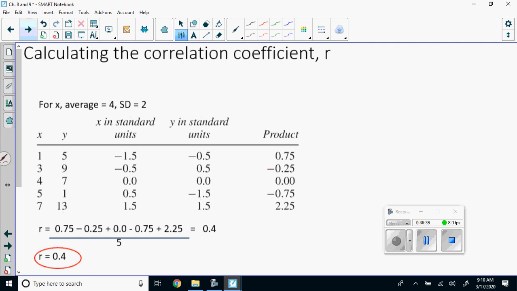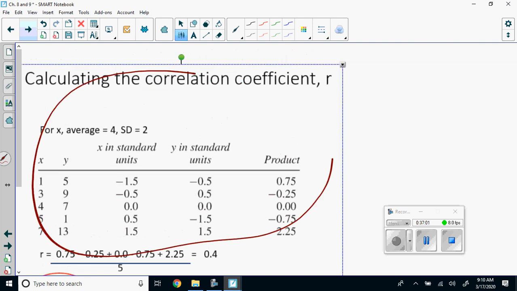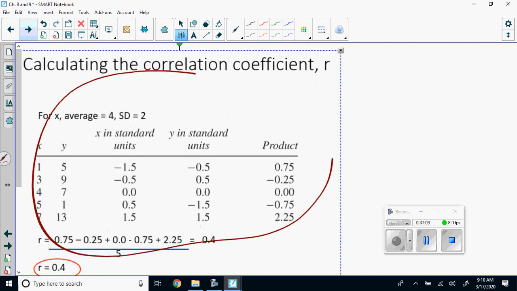This is showing you what you would do to get to the correlation coefficient without a calculator. There's no reason to do it by hand though, because it's a pretty tedious process, and we can use our calculator to get there. So this just shows you the work to get that correlation coefficient.